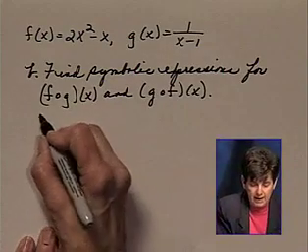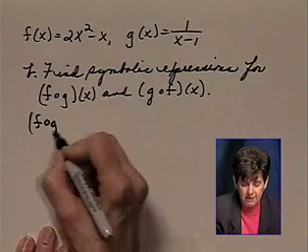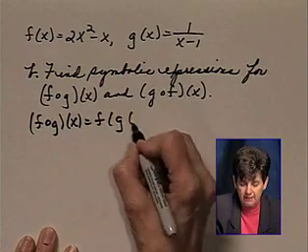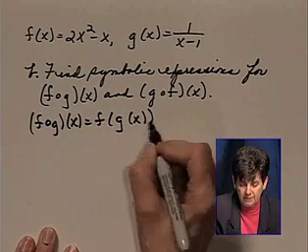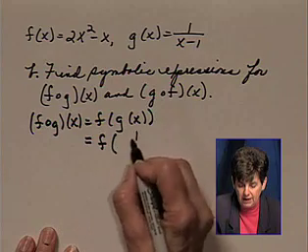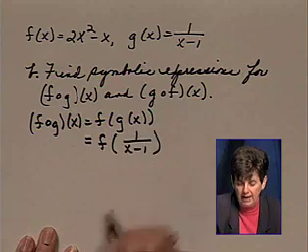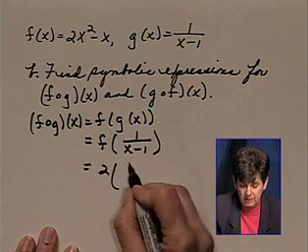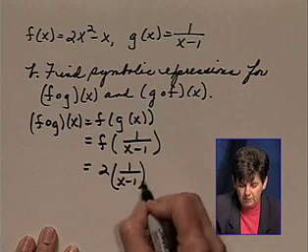First, let's look at f composed with g of x. So that's f of g of x. All right. So this says we have to look at f evaluated at 1 over x minus 1. So wherever we have x, we have to put 1 over x minus 1.